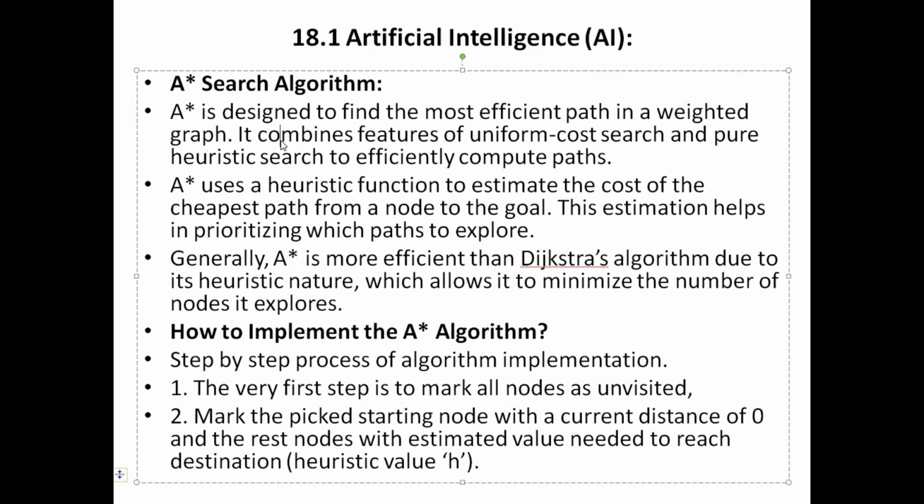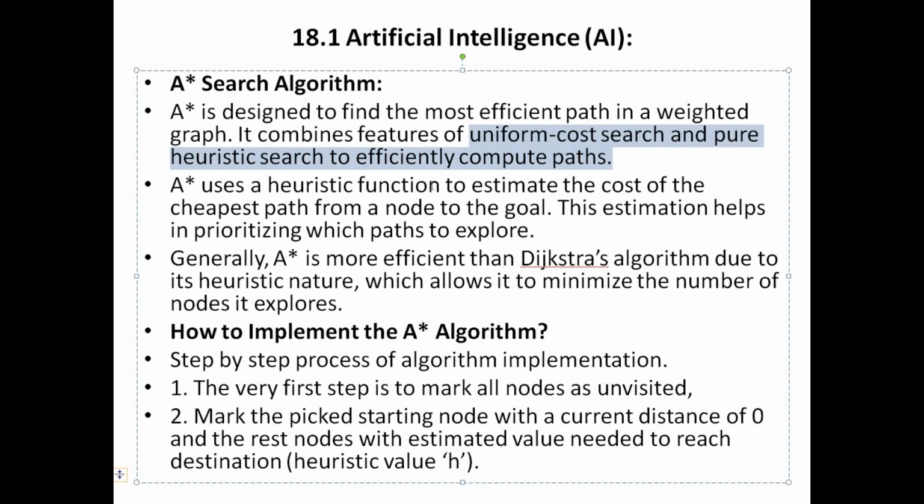It combines the features of uniform cost search and pure heuristic search to efficiently compute paths. Uniform cost search and heuristic search are types of searches. Like I said, there are many types of searching algorithms. However, in our syllabus we only have two methods, so you can basically cut this part out if you don't want to fill your head with it.